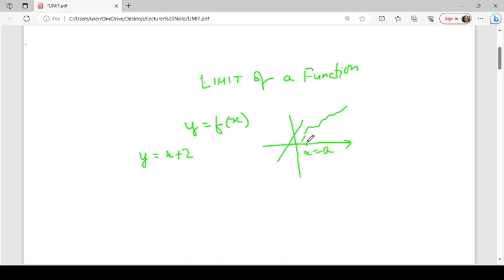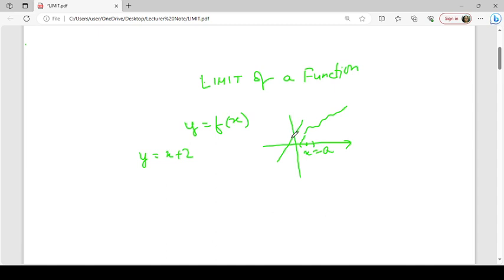When x has a neighborhood here, this is the right part and this is the left part. When x approaches from the left side, the path goes like this. These values are less than a, and when the values are greater than a, the path of y comes along this.